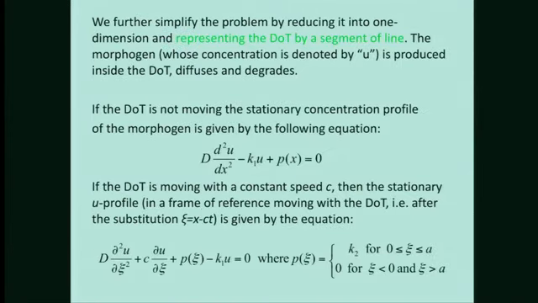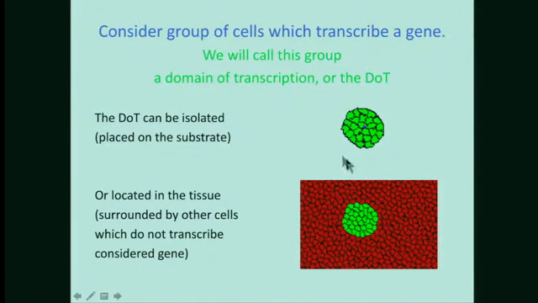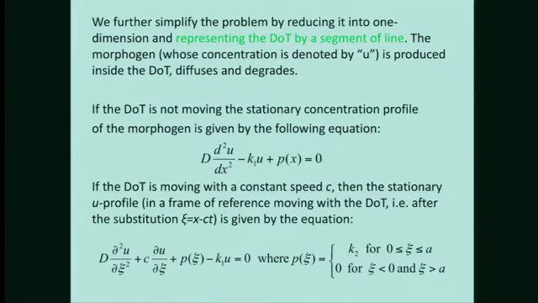We draw a line which crosses this moving group of cells. For example, we assume that it moves horizontally, so the line should be horizontal, in the direction of motion. Then we can replace all this group of cells by a segment of the line, and the moving group of cells will be replaced by a moving segment. This way we get a one-dimensional model.